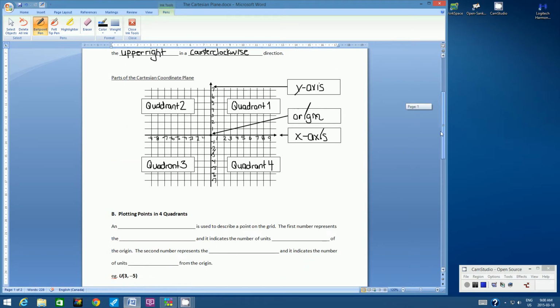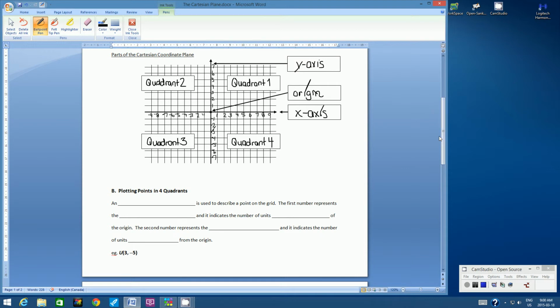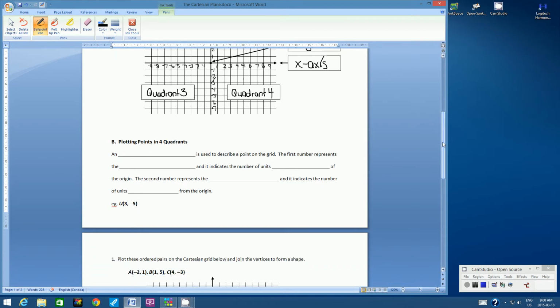Let's move on to the second part of our note, plotting points in 4 quadrants. An ordered pair is used to describe a point on the grid. Here is an example of an ordered pair.